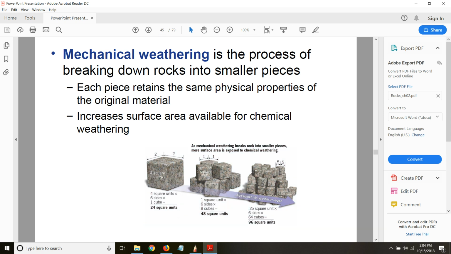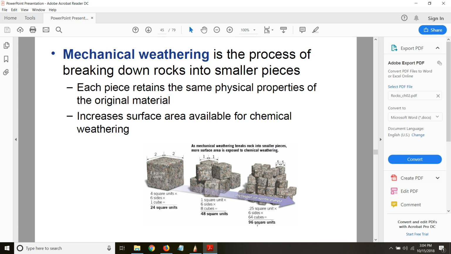In the original larger piece of rock, the exposed surface area was 24 square units, and as it breaks into smaller pieces, it is now 48 square units, and it becomes larger and larger. The total exposed surface area is 24, 48 and 96 square units.